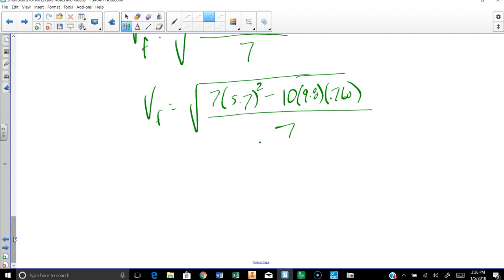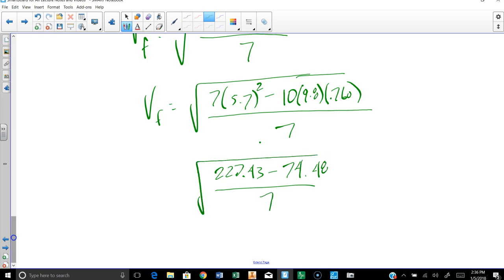So 7 times 5.7 squared, it's 227.43, minus, let's see, 98 times 0.76, 74.48, divided by 7, and then take the square root.